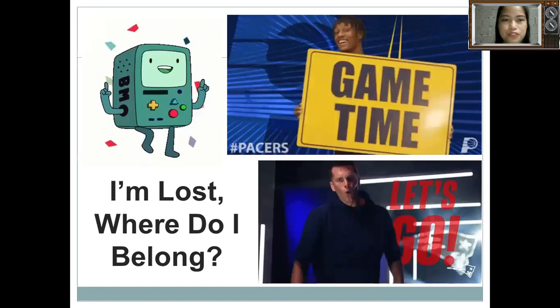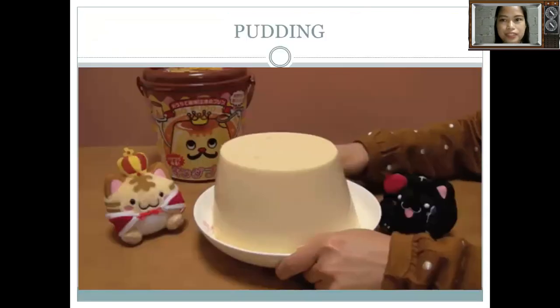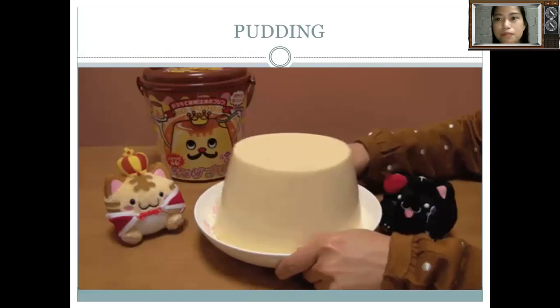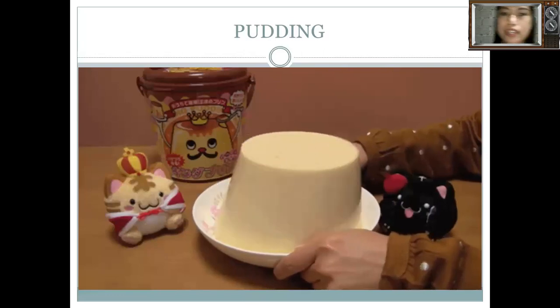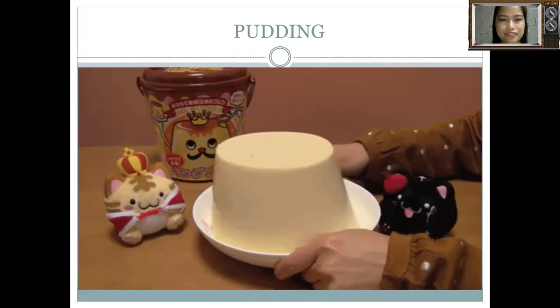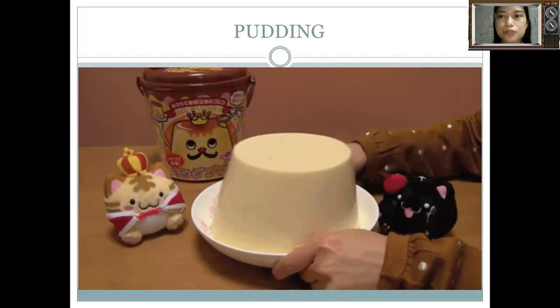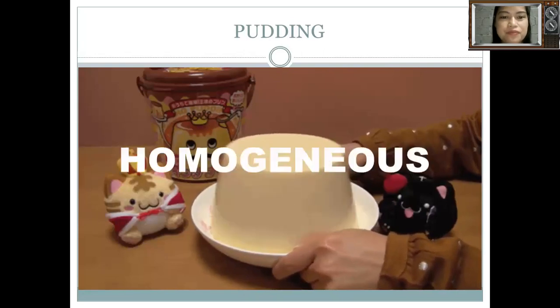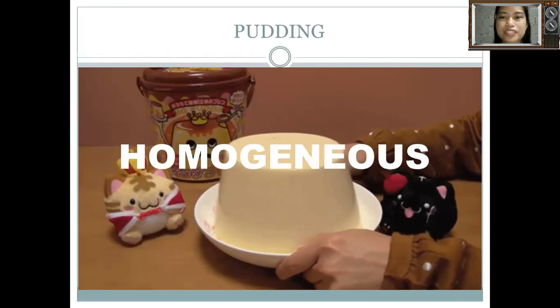So first item, pudding. I'm going to give you 3 seconds in each picture. Write your answer on your paper, and when I stop counting, we're going to reveal the answer. In 3, 2, 1. What is your answer? If your answer is homogeneous, you got it right.